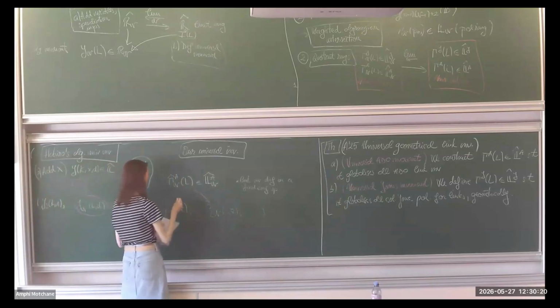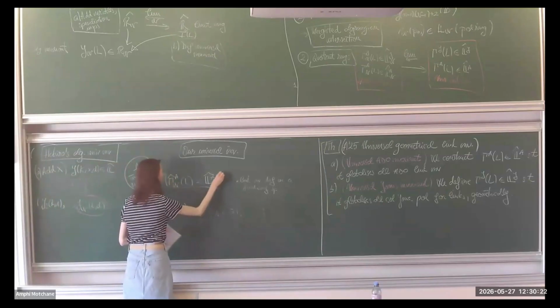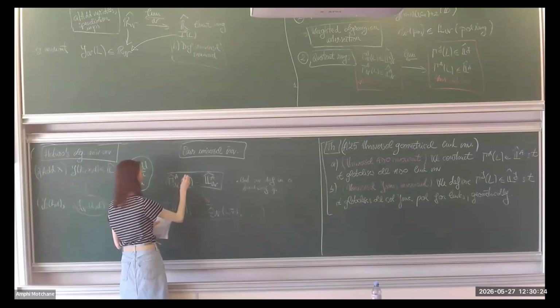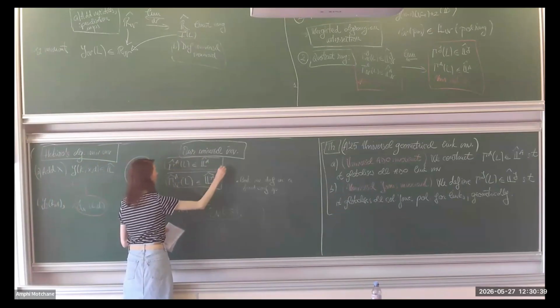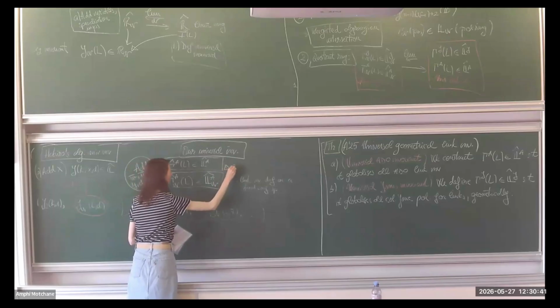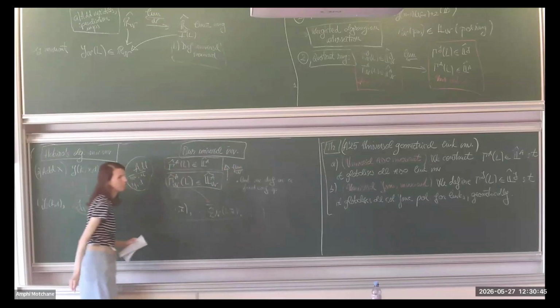From this, we consider the projective limit, and we construct our Γ hat. So this part is the projective limit over n.